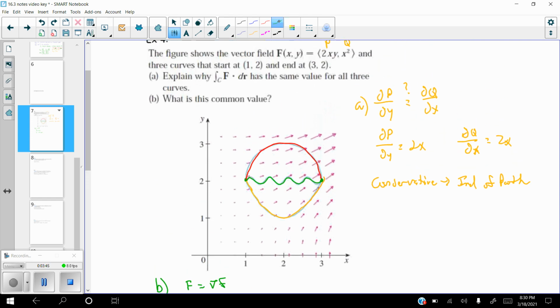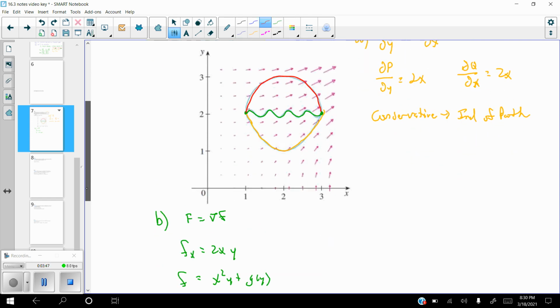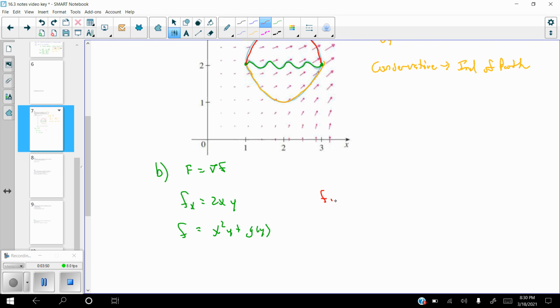f sub y here is defined to be x squared. Taking f sub y from the f function that we found, that's going to give us x squared plus g prime of y. The fact that those two things are the same means that g prime of y is 0, or the antiderivative, g of y, is some constant k.